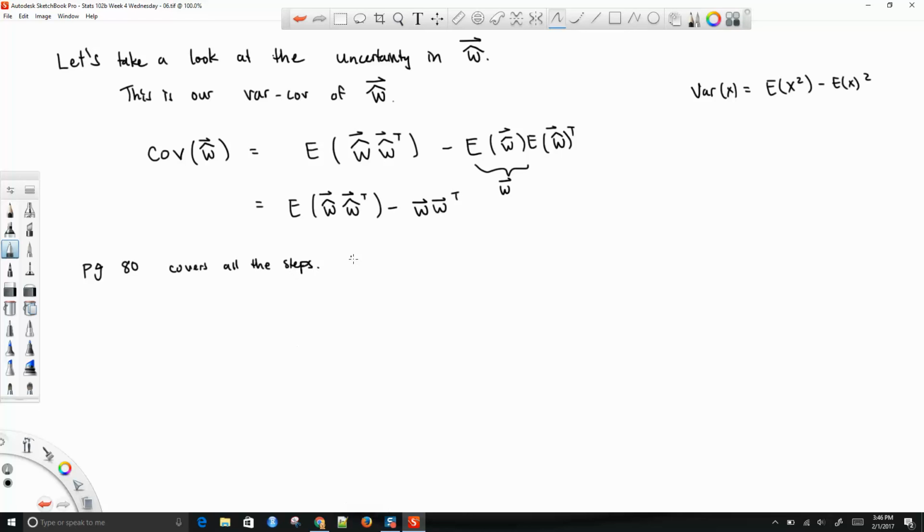All right. Okay, so the result gives us that the covariance of W, of our estimates, is our X transpose X inverse.